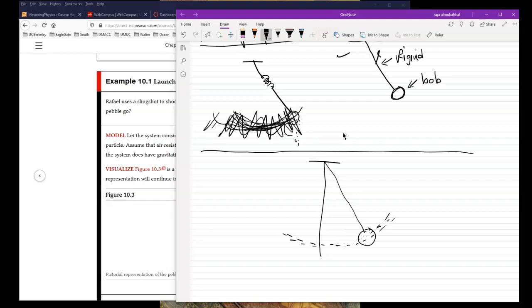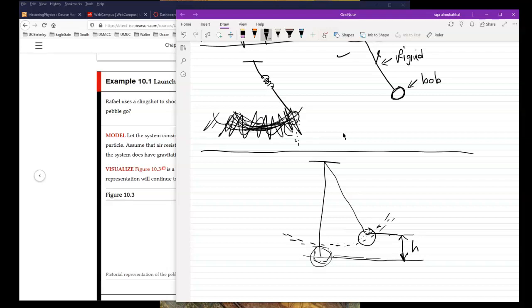The pendulum as it swings reaches a maximum height here, and then it falls back again, so it oscillates back and forth. So this is the maximum height reached by the pendulum. If I assume that the lowest point is here, this is the height reached by the pendulum before it returns back, you know what I mean?